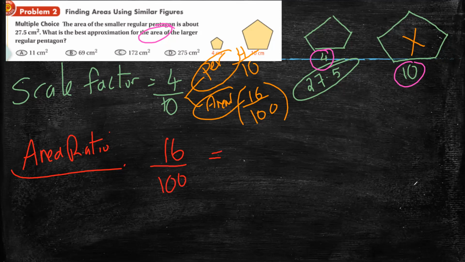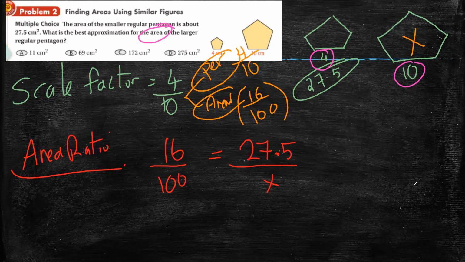It is area to area. What is the area of the smaller shape here? It is 27.5. And what is the area of the larger one? I don't know. I have to find it. Is it clear now?